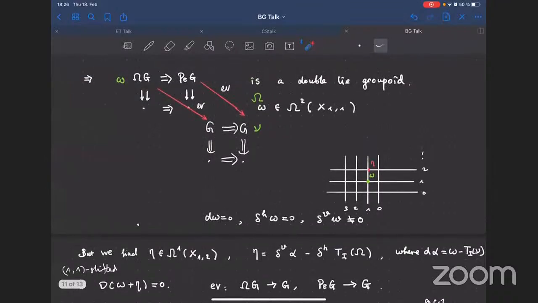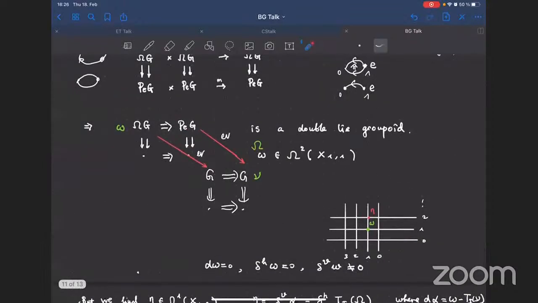This is a one form on the next level already. So you go here. What you do is it's a nerve of omega G, right? So eta lives here. Eta is a one form living over here.